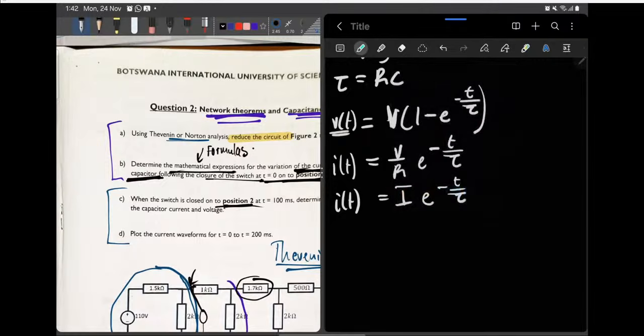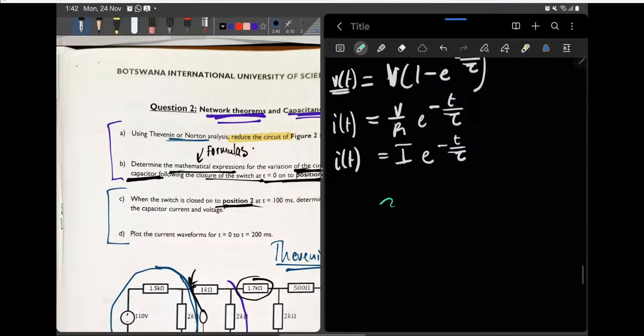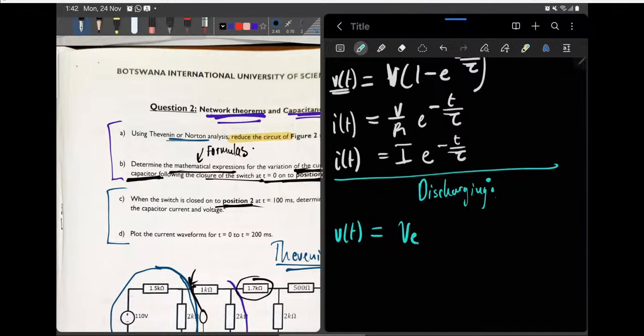For discharging, now what you just do is you're going to say V of t is going to be equal to V e to the negative t over tau. Then I of t is going to be the very same thing but with just a negative sign. Negative I, then you have e to the negative t over tau.